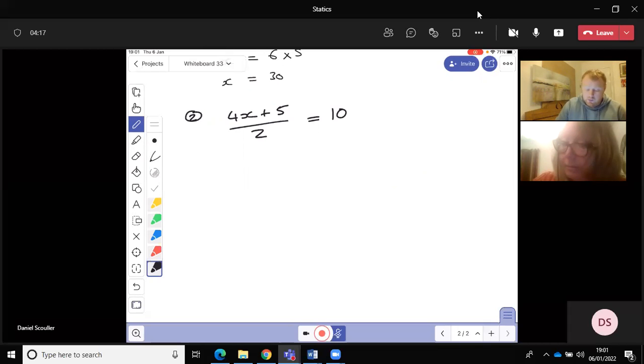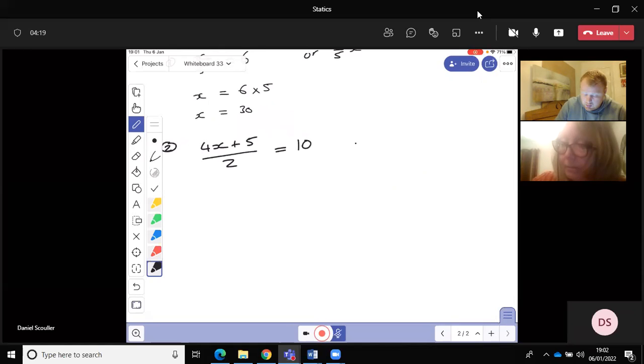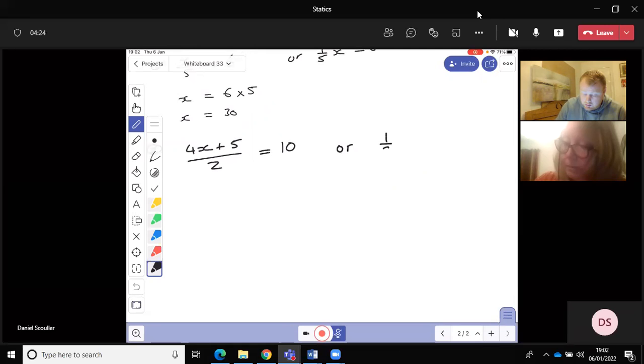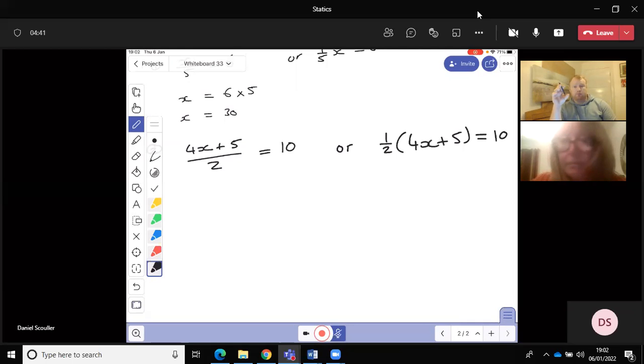But another way to write that out would be half of 4x plus 5 equals 10, with a bracket in front of that. So when we're rearranging fractions, we need to get rid of that divide before we deal with that expression on the top. And that's really, really important.